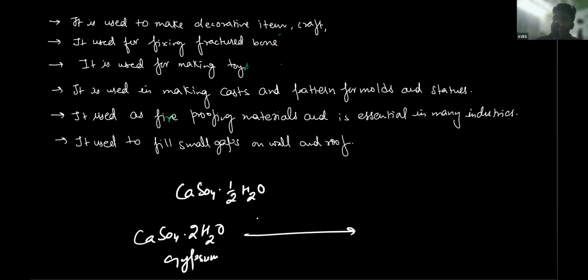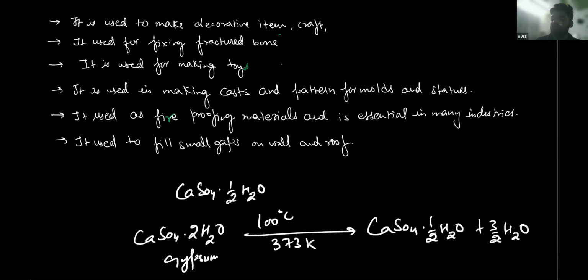You cannot heat it at any extreme temperature. If you heat it uncontrolled, the whole water of crystallization will be lost. But if you heat it at 100 degrees Celsius or 373 Kelvin, only half a water molecule will remain attached and 3/2 water molecules will be lost. So this is the plaster of Paris preparation.